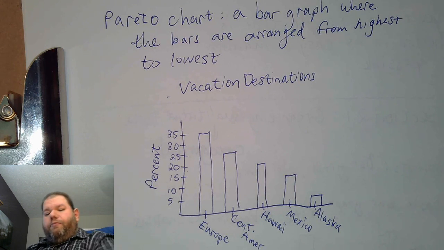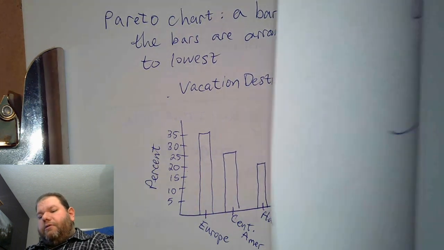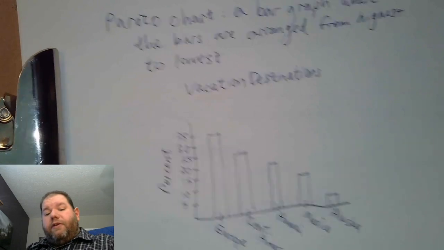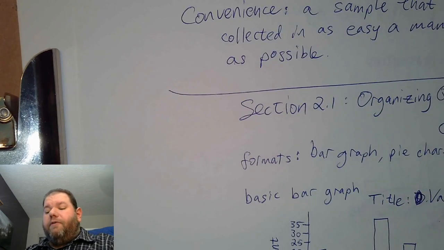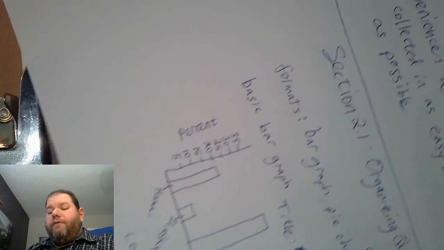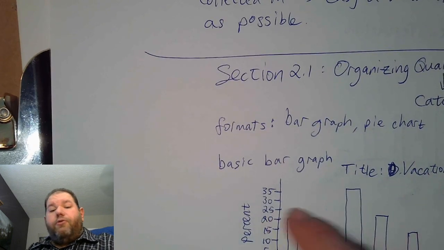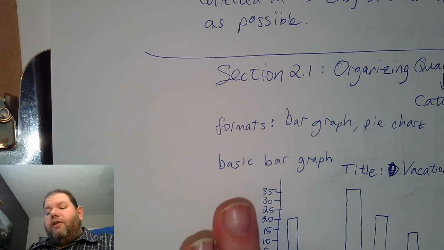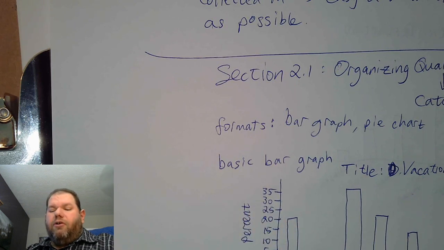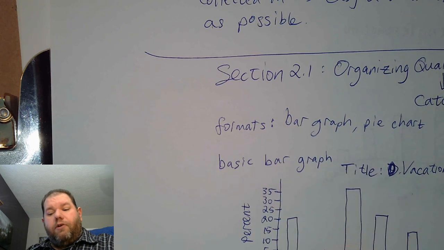Now we talked about the bar graph before. It doesn't have to be a vertical bar graph. We could actually set the bar graph up where the bars are going horizontally, and we list our percentage at the bottom. It doesn't have to necessarily be arranged this way, although most of the time we do tend to write our bar graphs where the bars are vertical.